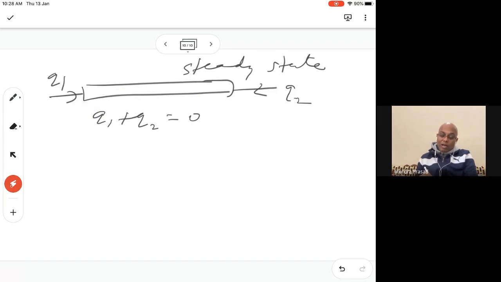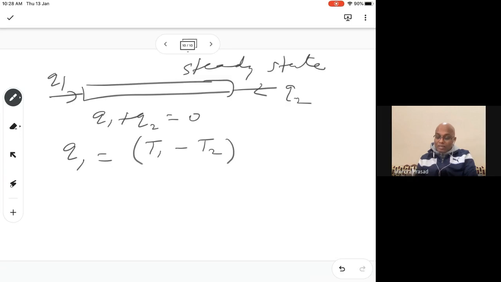And Q1 is given by T1 minus T2 multiplied by Ka over L, which is equal to minus Q2, because this gives you Q1 equal to minus Q2.